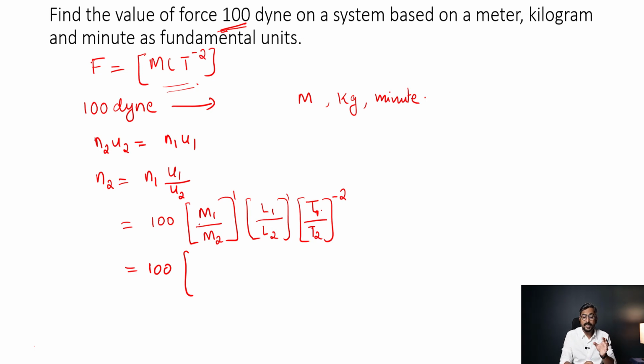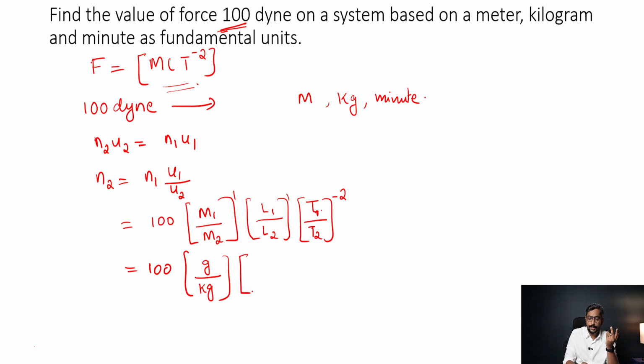Now M1, this is 100 dyne. So definitely dyne means it's in the CGS system, so it will be in gram, right? And divided by, what is that? It is kilogram, right? M2 is kilogram.